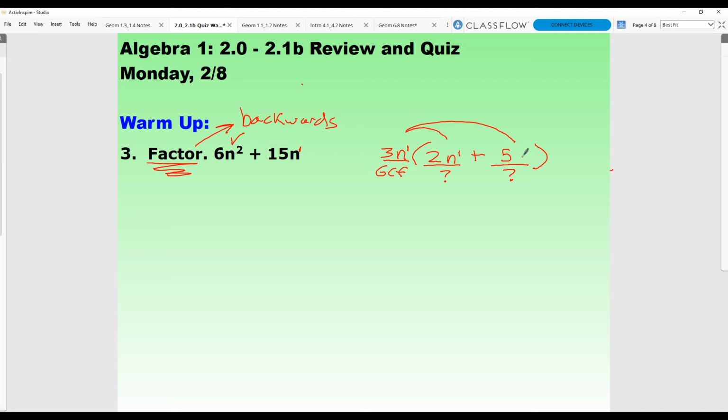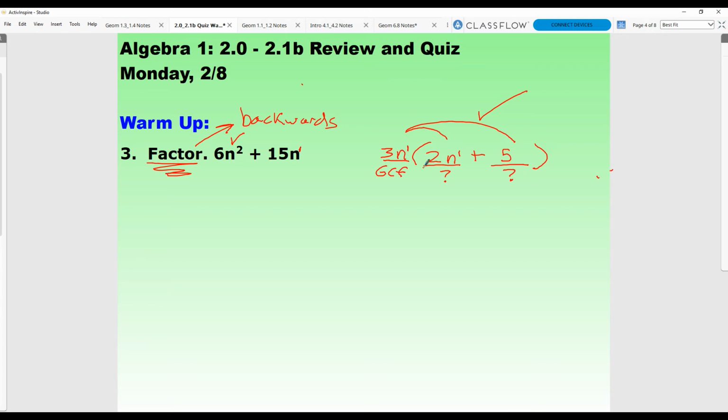So this here would be your answer to that problem. That's the process of factoring, figuring out what the problem looked like before all the multiplying took place. Hopefully that brings back a little bit of memories of what we did there. So there's problem number 3.